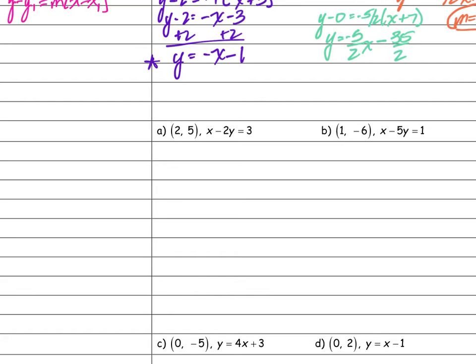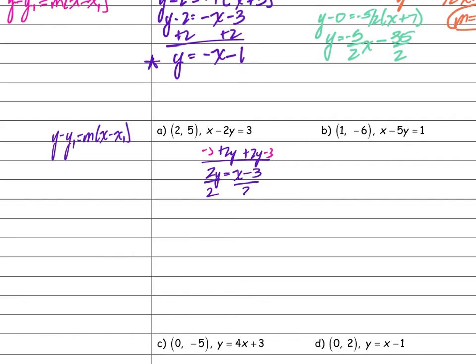So I'm going to write down point-slope form again over here so we have it. So we've got y minus y1 equals m times x minus x1. And then the first thing I have to do is find the slope. So I'm going to add 2y to both sides, and at the same time, I'm going to subtract 3. Okay? So that gives me 2y equals x minus 3.